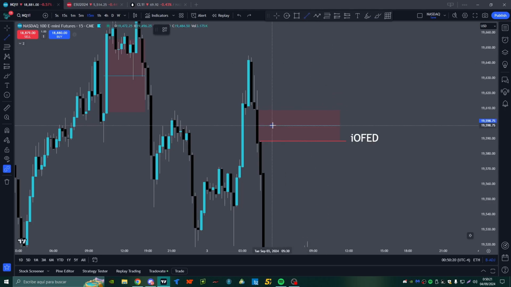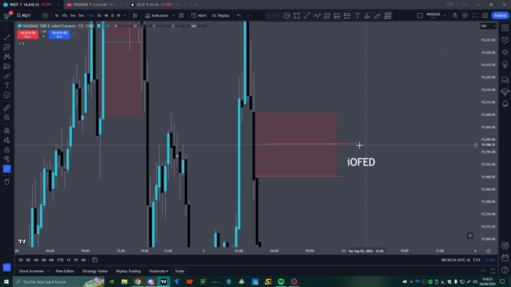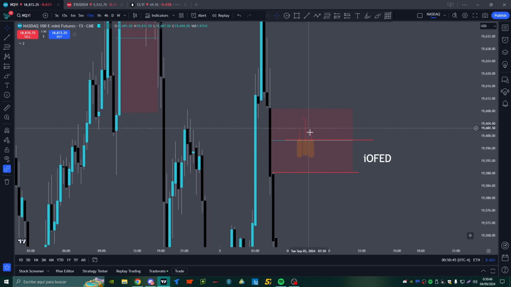I like to see it when we are working at 50%: let the bodies of the candles close all below. All the bodies of the candles below, below, below, and up only wicks. When we start seeing this, I like that imbalance.